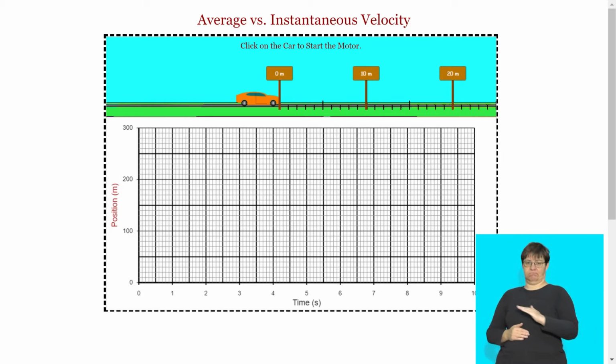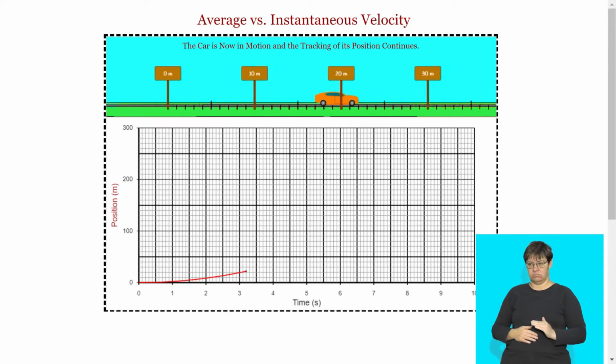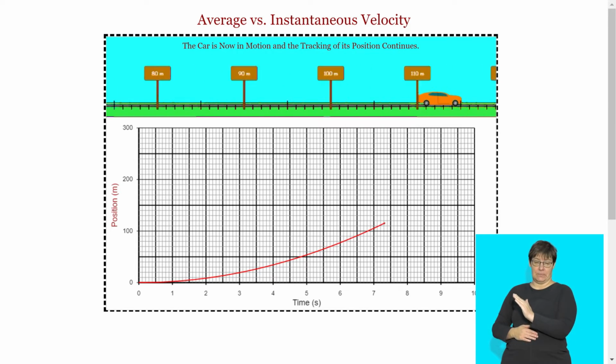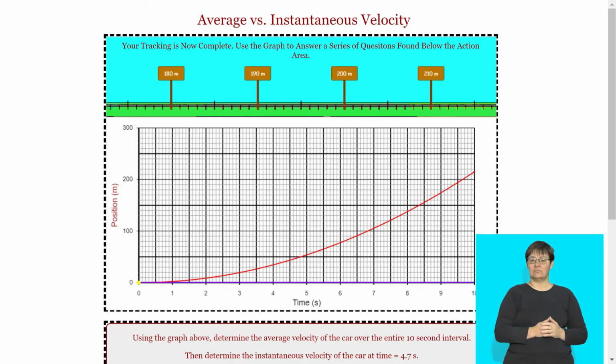What I need you to take note of is what's happening on this graph, because that's the important part, okay? So let's see him go. There we go, he gets nice and fast. Off he goes. And done.